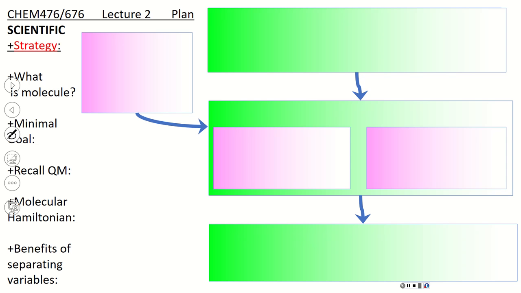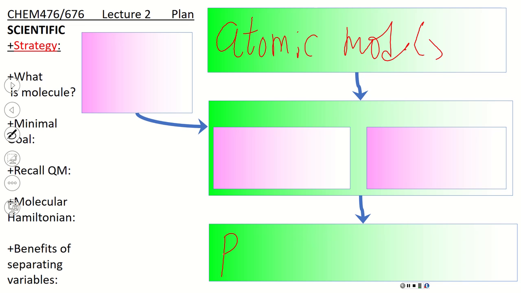So initially, one starts with atomic models. At the end, one is getting properties. So, structure to property relations. Some of you are from the research group dealing with cheminformatics, and structure to property relation, or quantitative structure to property relation, is your favorite abbreviation, QSAR.